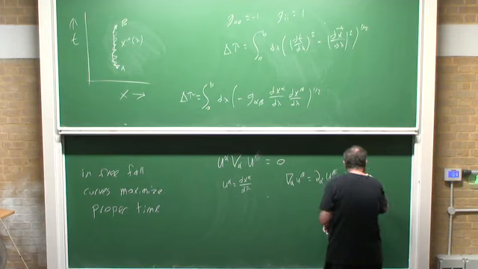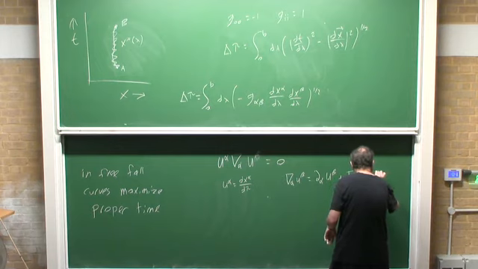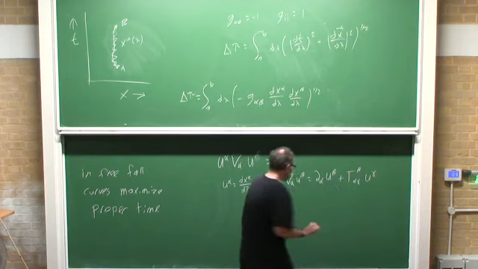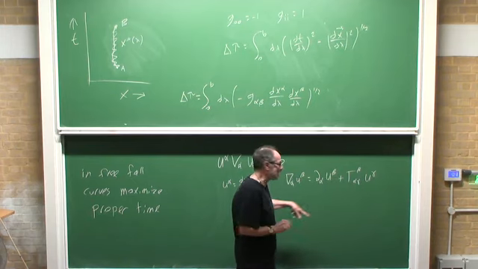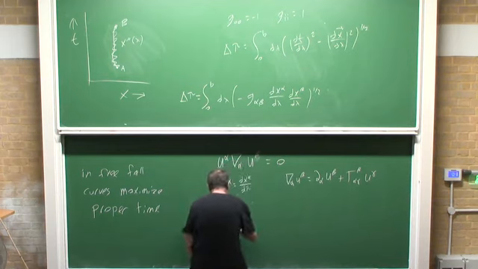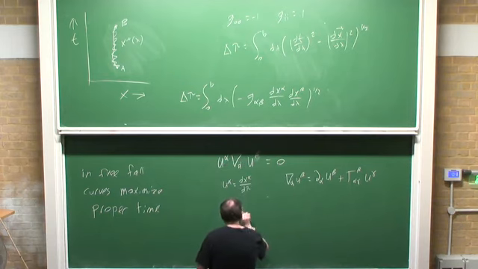And then another piece, which is a little bit messier, this ugly looking piece with the Christoffel symbols, which I will write out in gory detail.